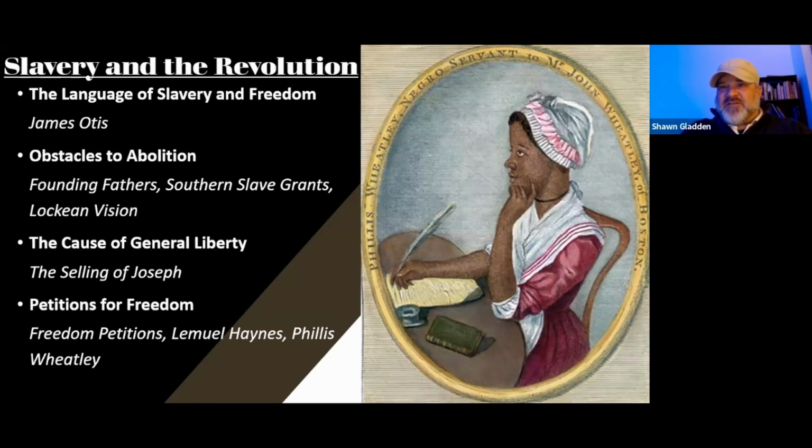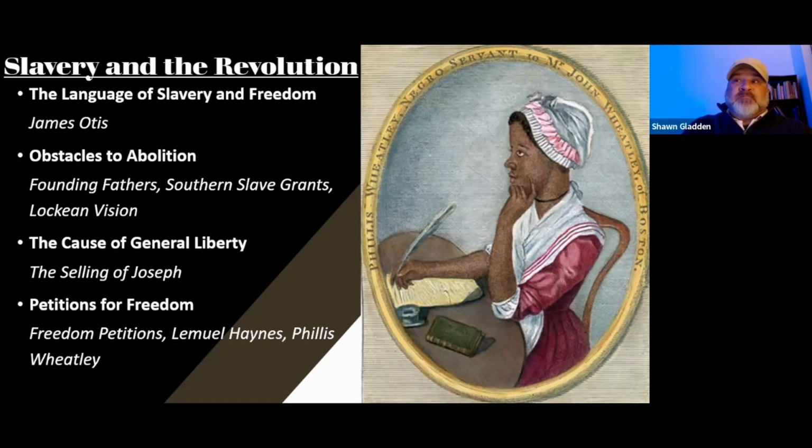Certainly for those who had access to literature, in the North more than in the South, it provided powerful language that they then would use to demand their own freedom.